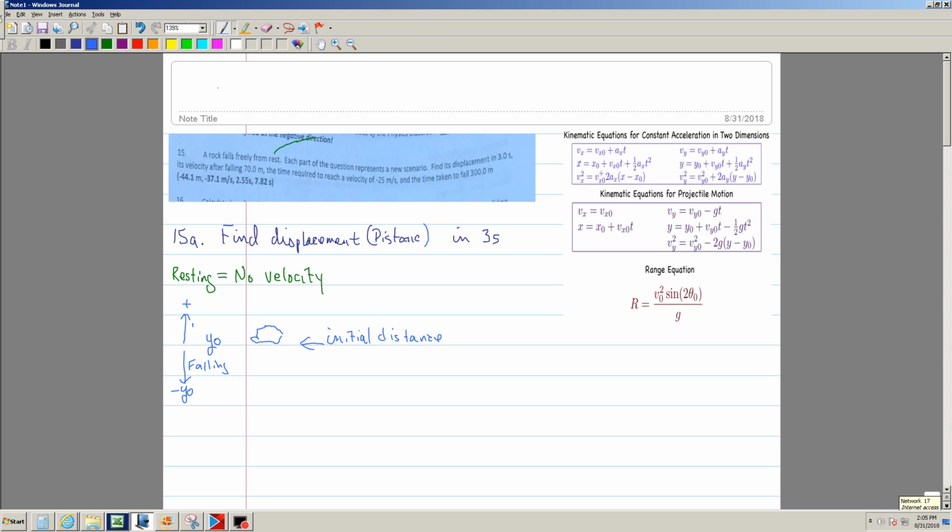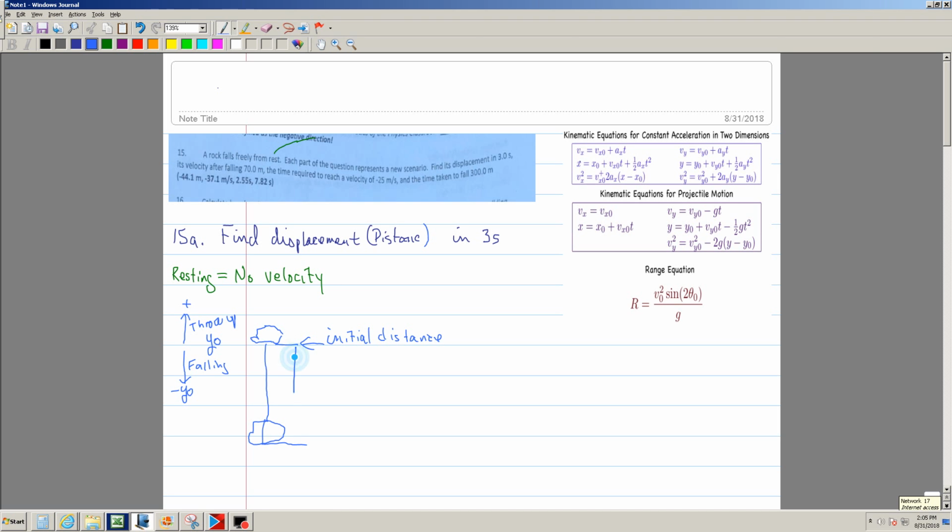And if you throw upwards, it's positive. Now, they're asking, you just don't throw it, just let it fall. So the distance is right there.